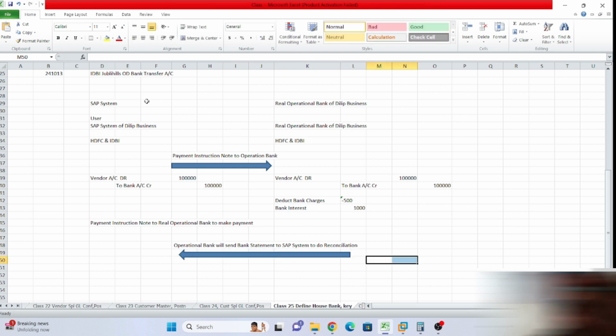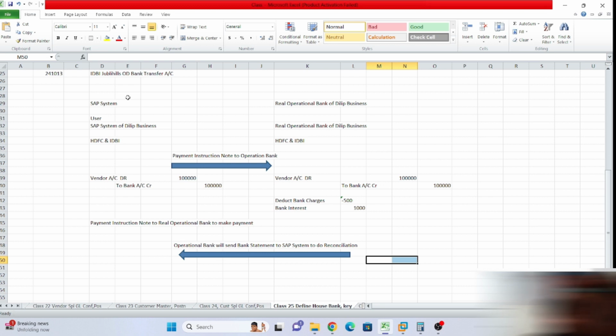They will ask, tell me the end-to-end banking process. So first we need to say that payment to the vendor or collection receipt from the customer will happen. Generally for payments, the company SAP system people will first do the processing in the SAP system.